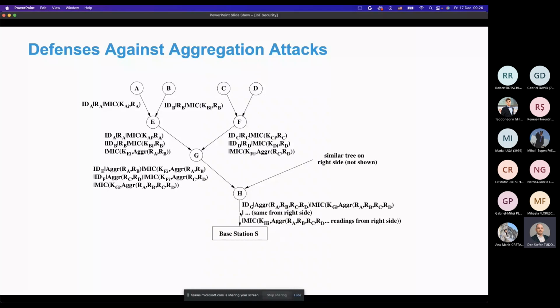While this validates that H sent the final message, it does not validate that the message correctly reflects the reading from the other nodes.